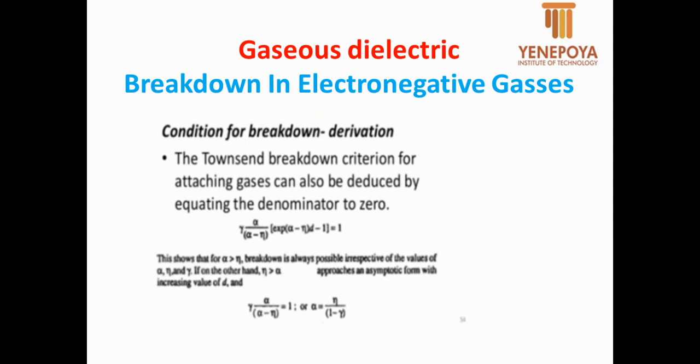If, on the other hand, eta is greater than alpha, it approaches an asymptotic form with increasing value of d, and gamma alpha divided by (alpha minus eta) equals 1, or alpha equals eta divided by 1 minus gamma.